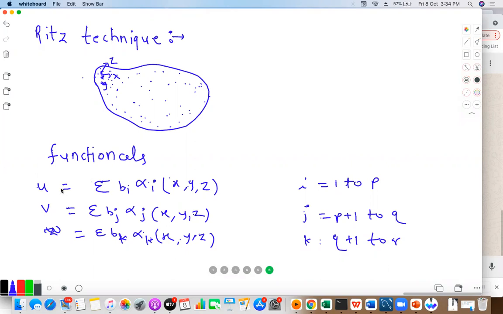Now I am assuming my displacements as some functions. These alpha_i, alpha_j, alpha_k are some polynomials.